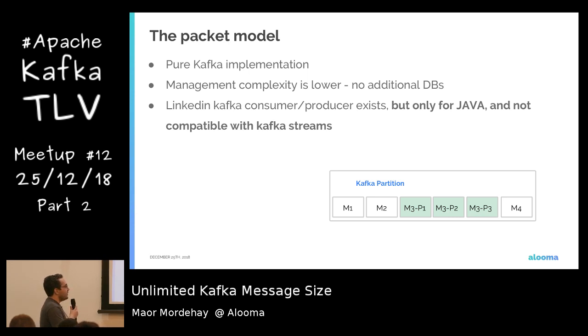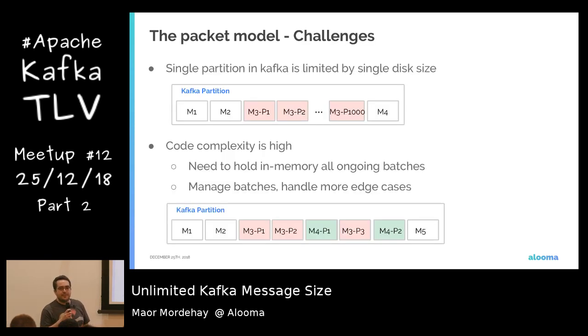So there are a few more edge cases to manage. There also might be issues if you try to use something like log compaction, since you don't have a single key anymore. You have many messages in Kafka that are basically still the same message. And since it gets more complicated for large messages, we decided it's not a good fit for us.